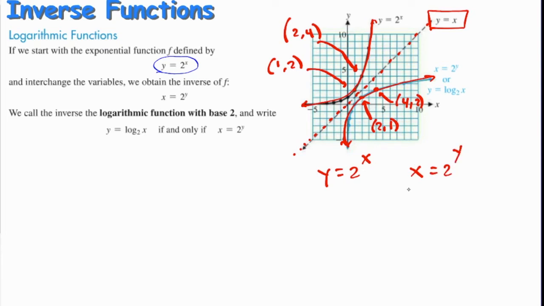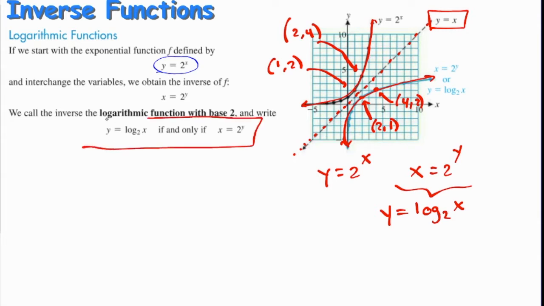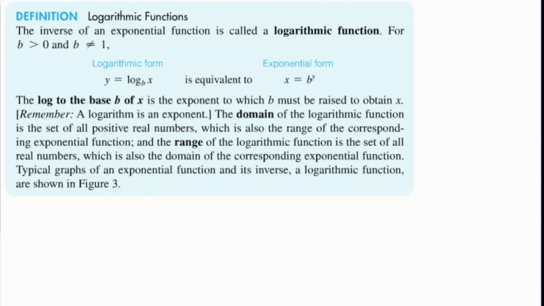And if you can do this, you can then write a new function which says that the y coordinate is equal to logarithm with a base 2 and an argument of x. And this is true if and only if you can plot the inverse function's graph by exchanging the points. So let's look at our definition a little more closely.